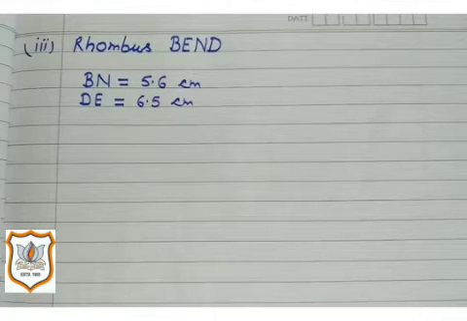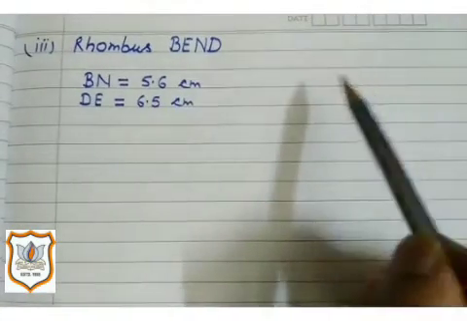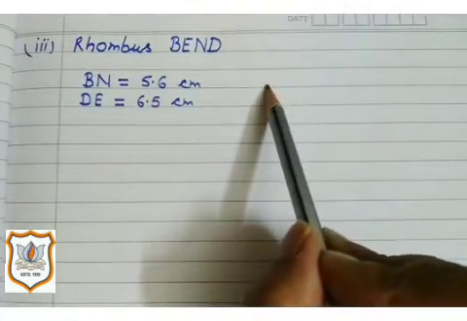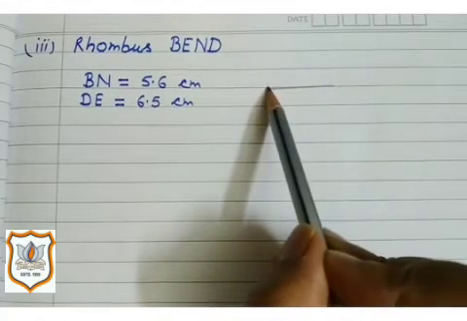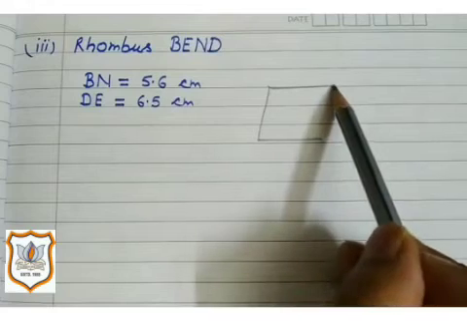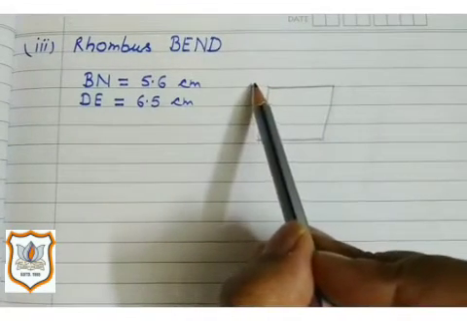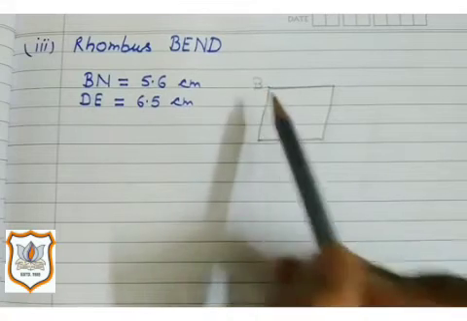Let's construct rhombus BEND. Firstly, we will draw rough sketch. So this is rough sketch of rhombus BEND. Now we will give name BEND.